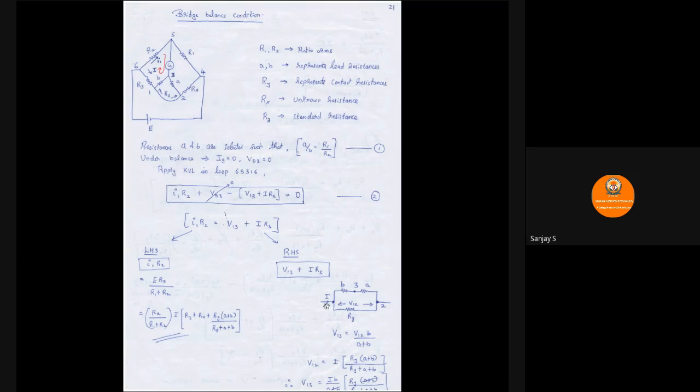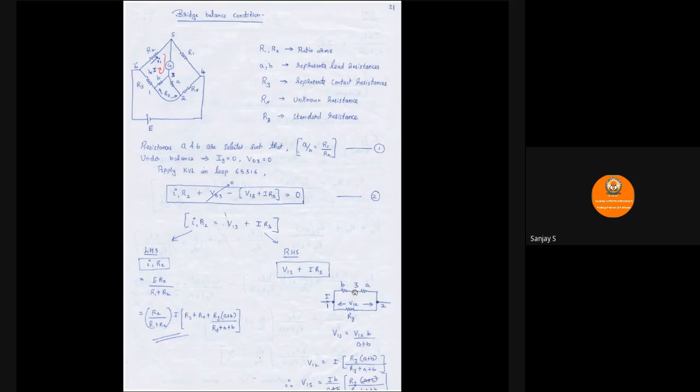If you want to write the expression for V13, you will use the voltage divider rule here. So V13 will be equal to V12 into B by A plus B. This is the expression for V13.